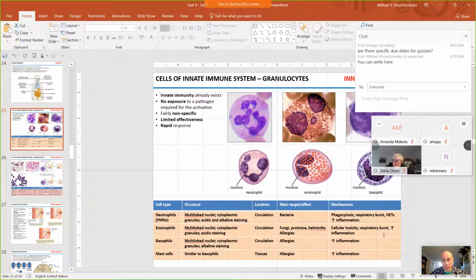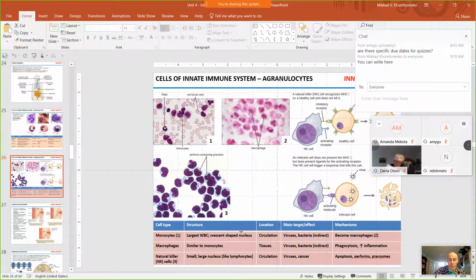Or you try to convince me that NK cells and lymphocytes in general can phagocytose? No, they can't.